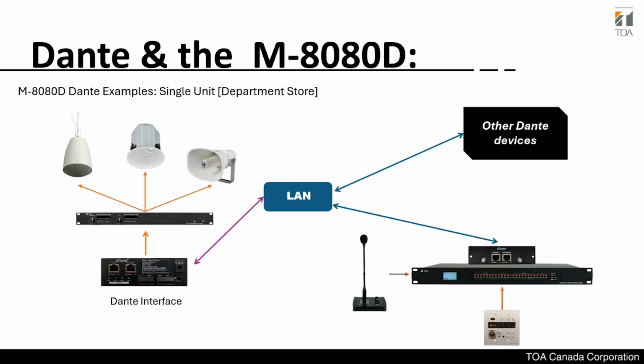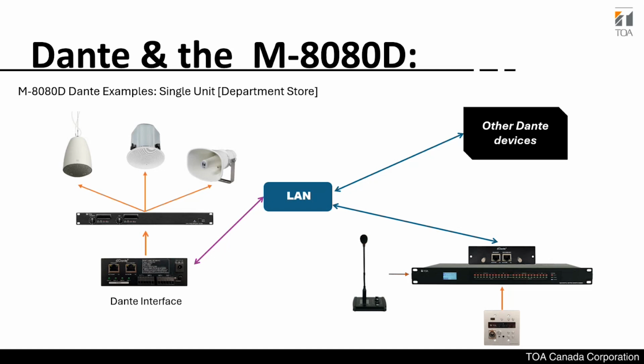Here's an example of how this system will work. We can see two different locations, location one and location two, and we have Dante interfaces there. In the first location, we are using the M44DT, which is also a TOA product, with 4 audio inputs and 4 audio outputs. We take the output from that and feed it to the DA amplifier, and from the DA amplifier we have multiple speakers. On the other side we have the M8080D, which we are currently using as an input source.